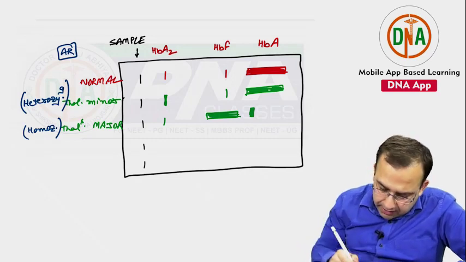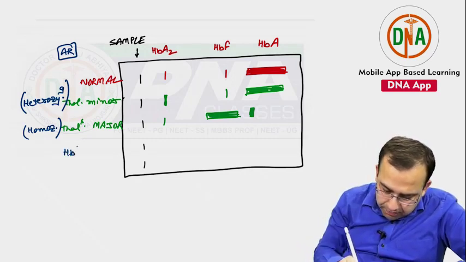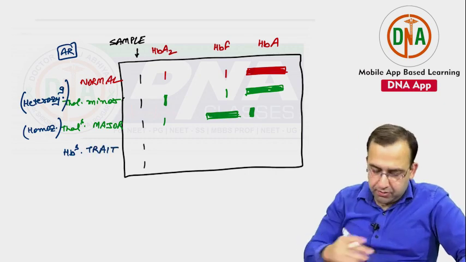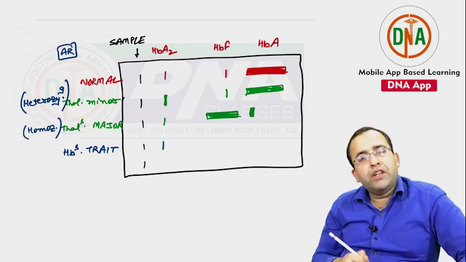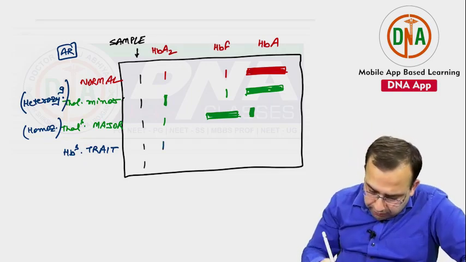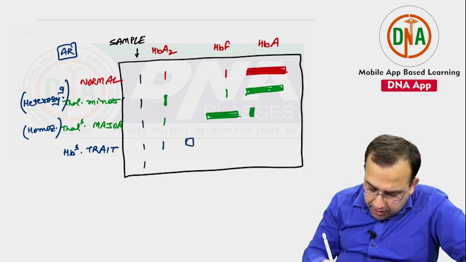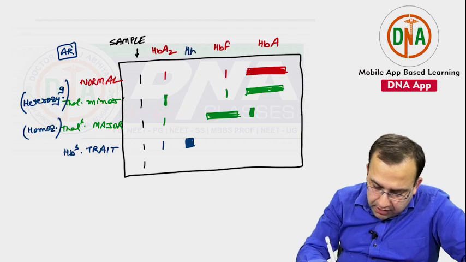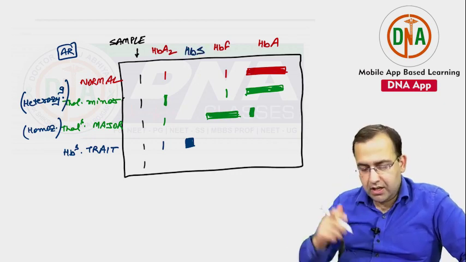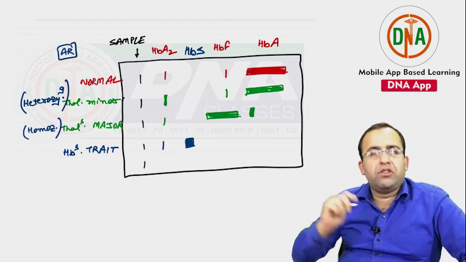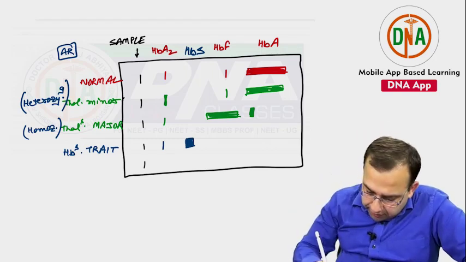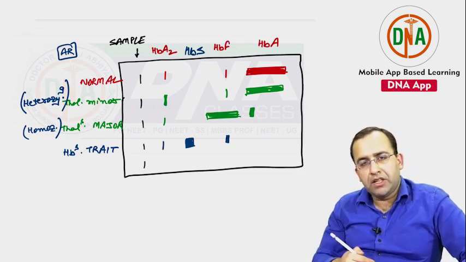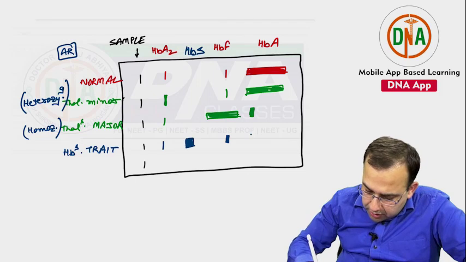Next, sickle cell trait, HbS trait. HbA2 normal. Now we see a fourth band of HbS between HbA2 and HbF. HbF slightly increased. HbA reduced.